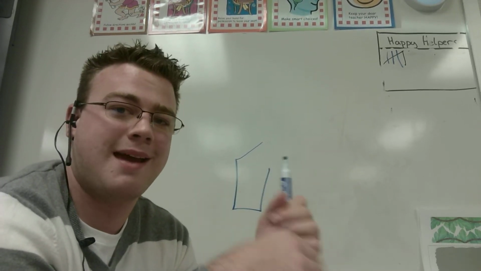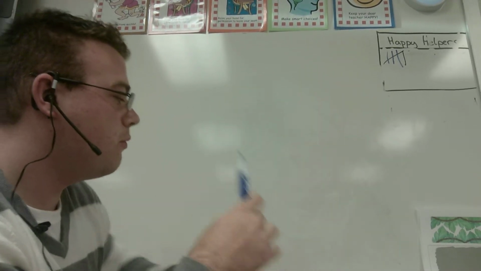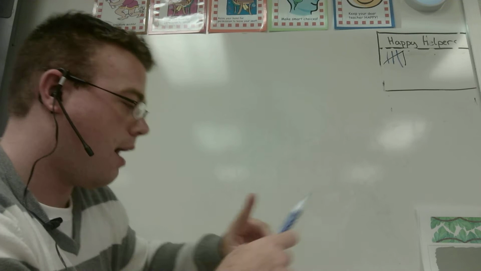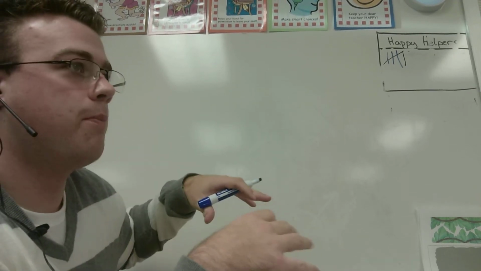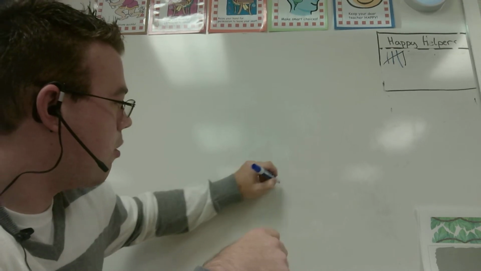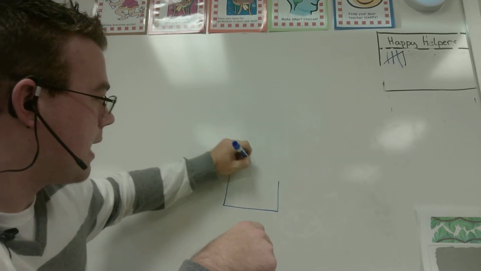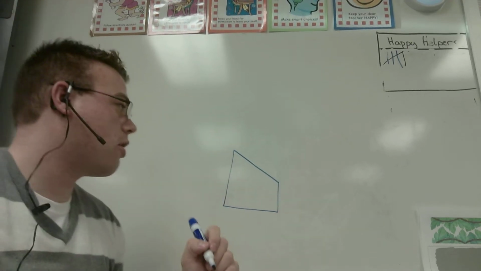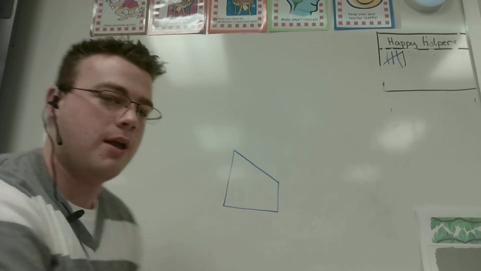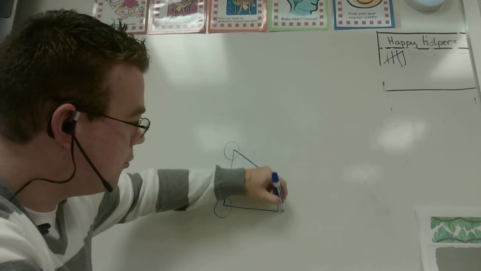So moving forward, I want to talk about a couple features of a polygon that you may have not thought of before. So I'm going to draw this nice quadrilateral right here. And we'll talk about a quadrilateral later. I'm going to circle these. Where 2 sides come together and make a point, that is going to be called a vertex.